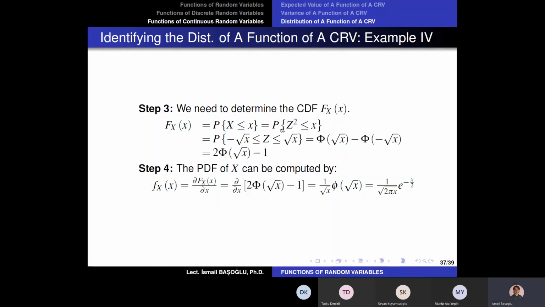Now, the inequality stating that Z squared to be less than or equal to X can be solved by this interval, right?